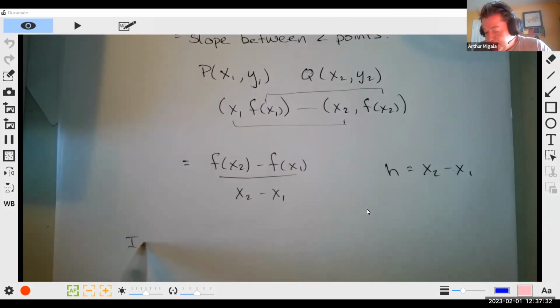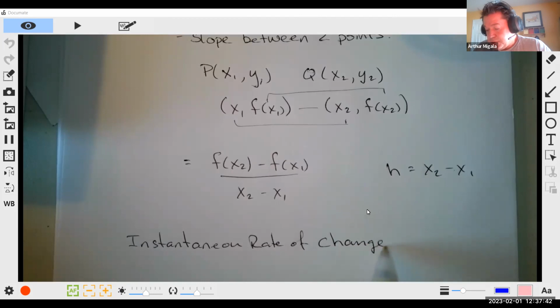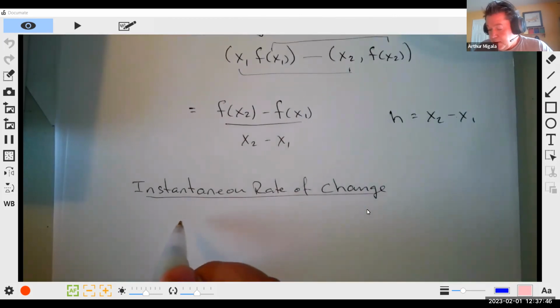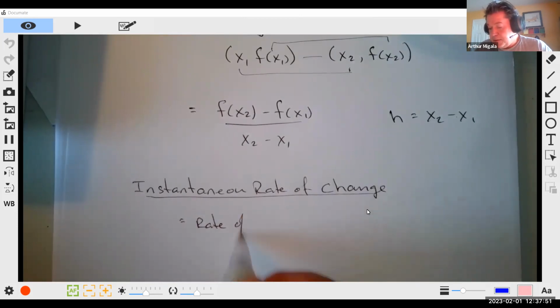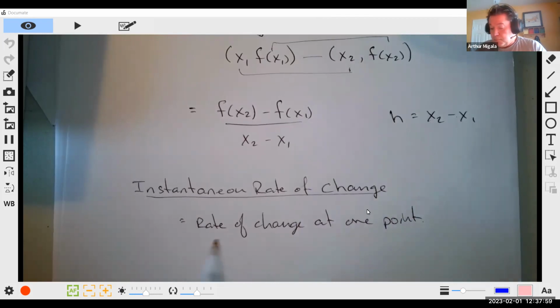The instantaneous rate of change is the rate of change at 1 point on a curve.